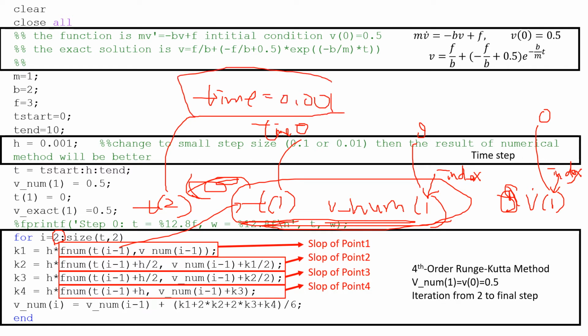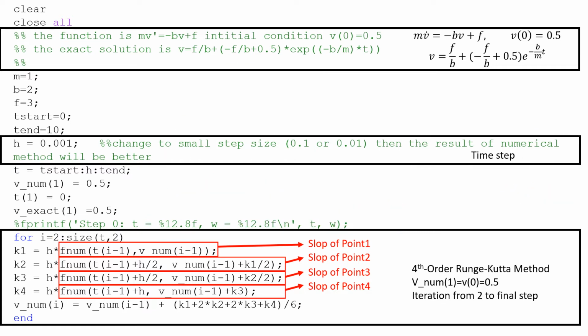So you need to be careful: inside is the index for the array, not the actual time. The actual time of the second point is 0.001. This is the first point slope, first point velocity, first point time. Do not get confused about that.